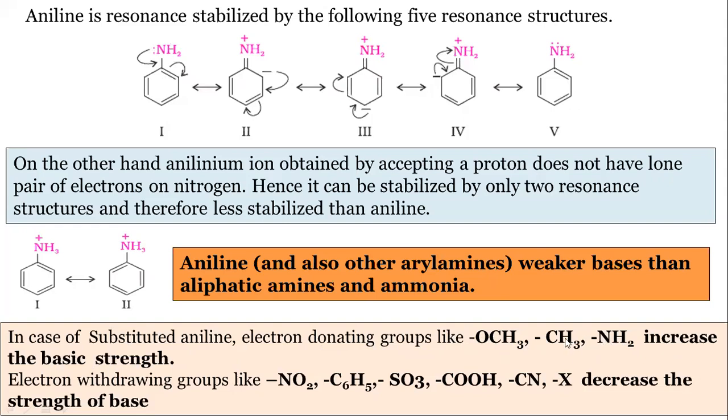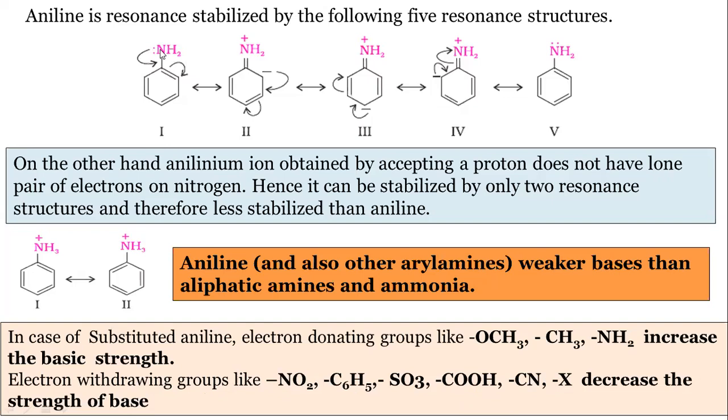So these questions will be asked for CET if these groups are substituted anilines. This is called substituted anilines. And these are electron withdrawing groups: NO2, C6H5, SO3H, then carboxylic, cyanide, and halogen. When these are attached to the aniline, they decrease the basicity because they withdraw the electrons again.